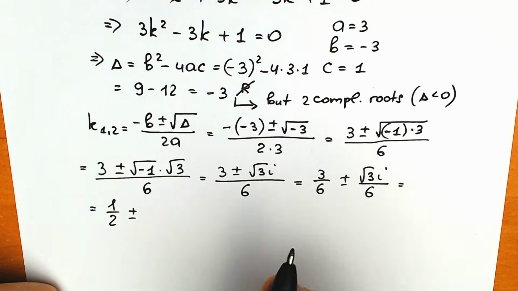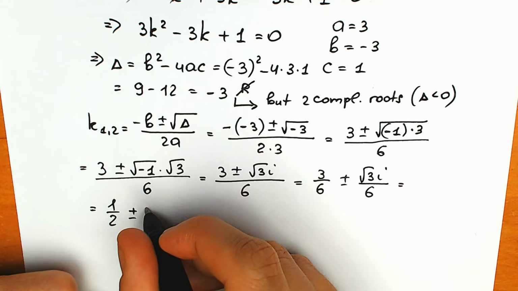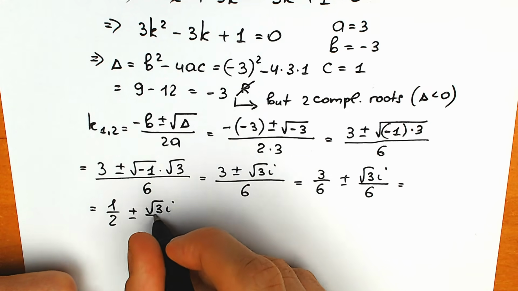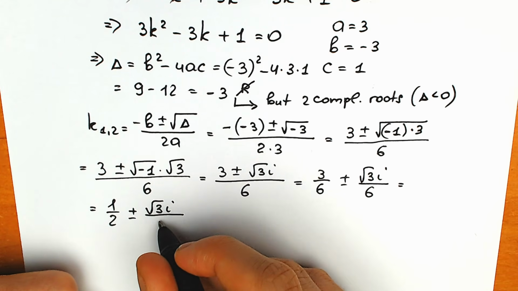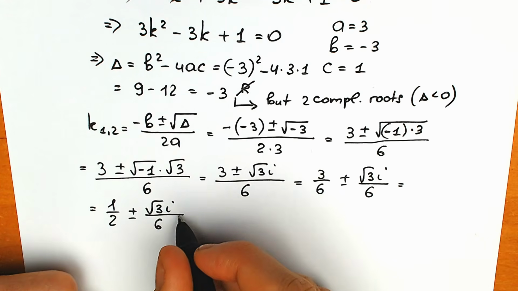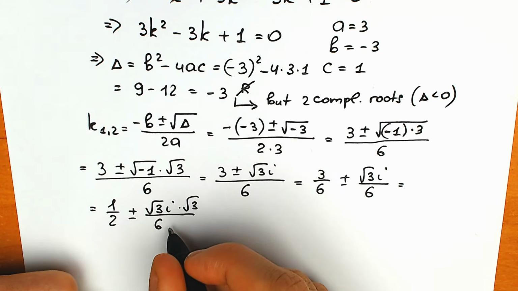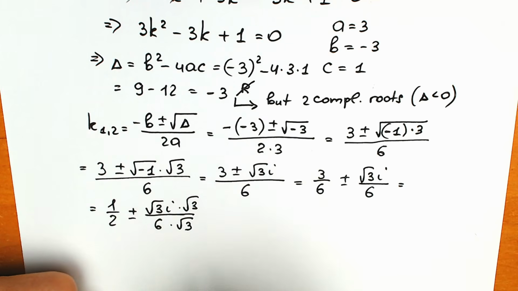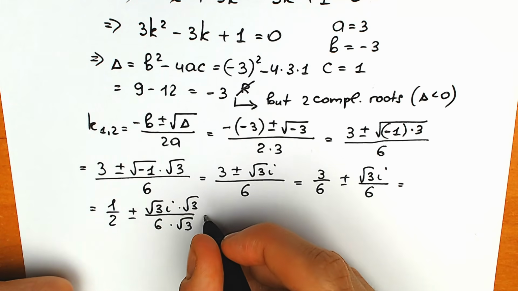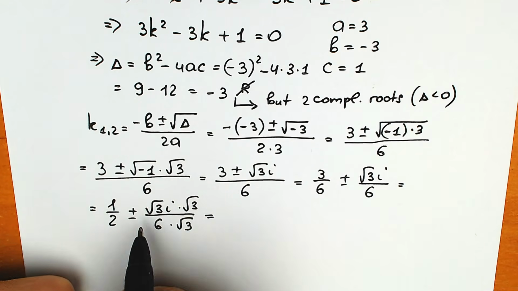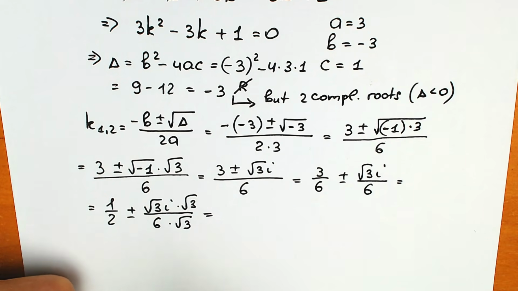We can simplify it. I'm going to rewrite it as square root of 3 times i over 6, and we multiply our numerator by square root of 3 and our denominator by square root of 3. So just look closely: square root of 3 times square root of 3 equals 3.